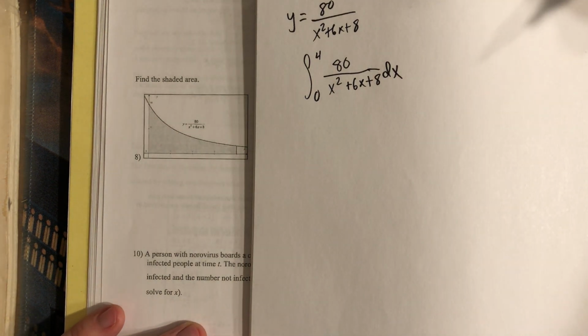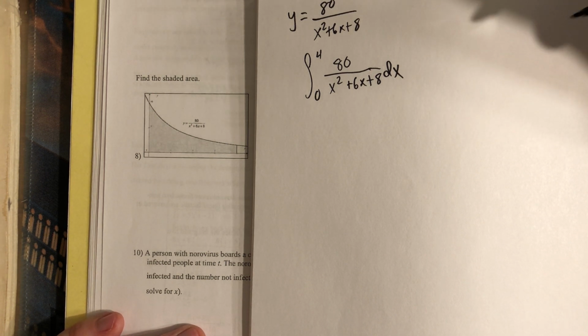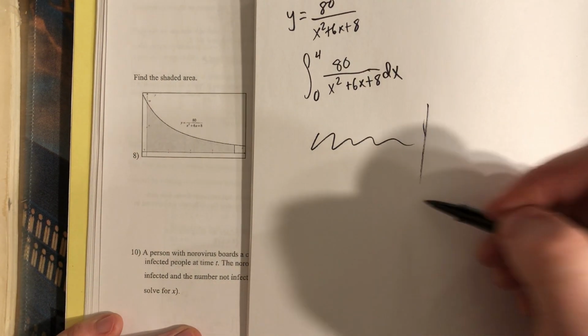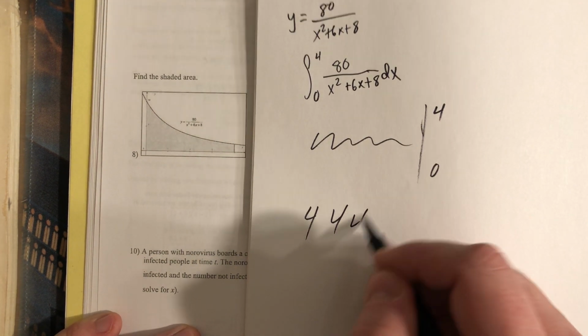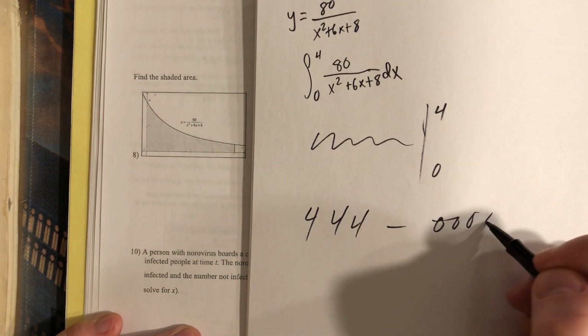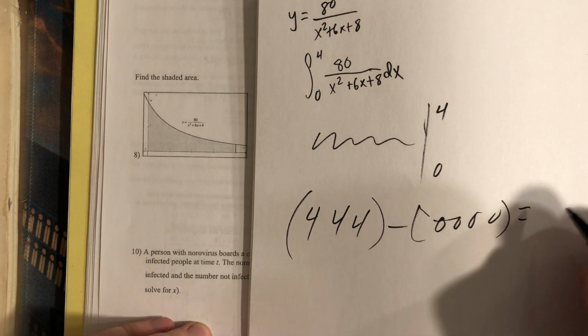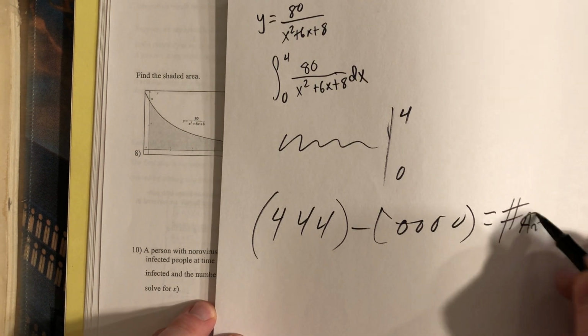If you've watched this far and you're not sure how we would do partial fraction decomposition on this, let me know. I can help you out. It's more of the same at this point. Just at the end, we plug in 4, minus plug in 0, and the answer equals some number, right?